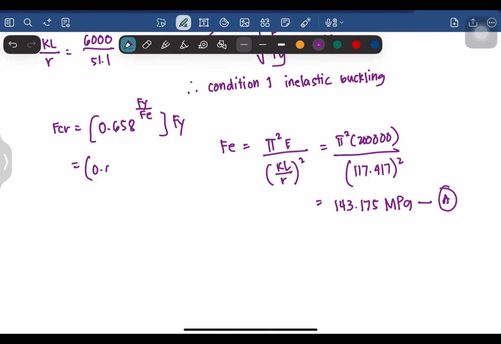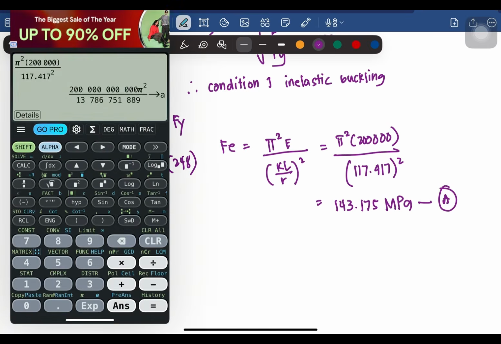So 0.658 raised to Fy 248 divided by Fe 143.175, times 248.